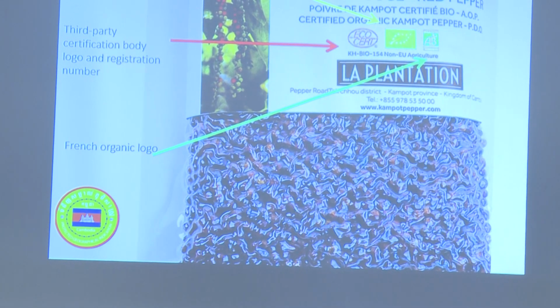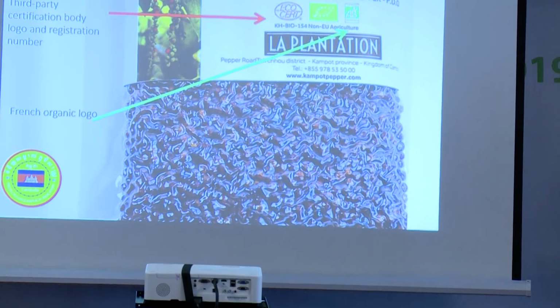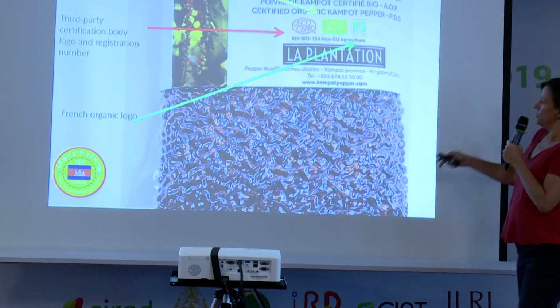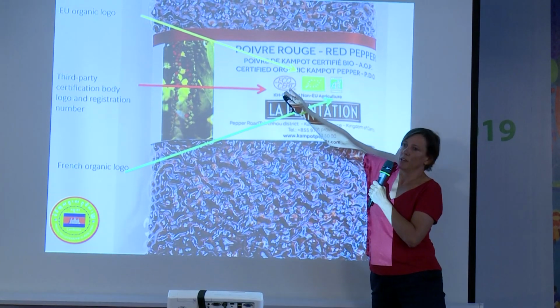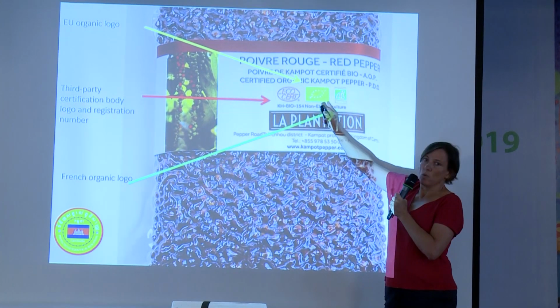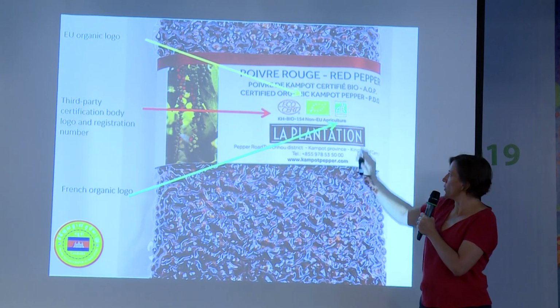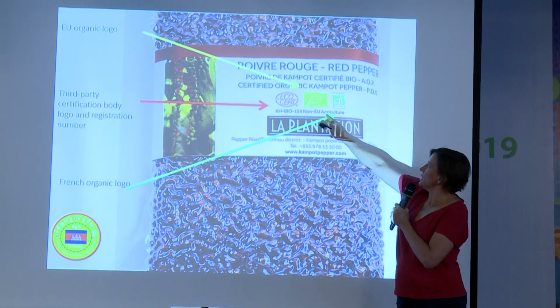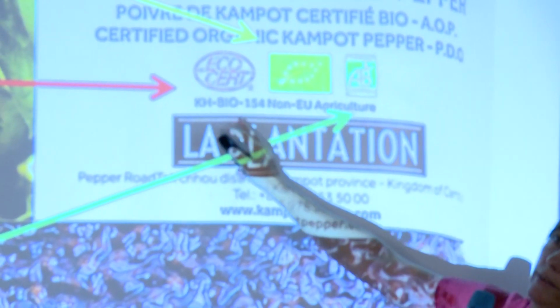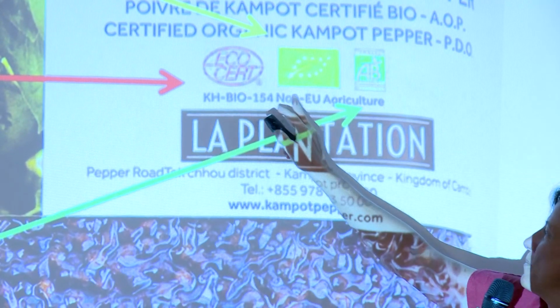So this is what a pack of pepper looks like. You've got the GI logo, must be somewhere behind. Here you have the certification body. Here you have the organic logo because it was also organic. And this is the number of EcoCert that is accredited to certify organic in Cambodia.